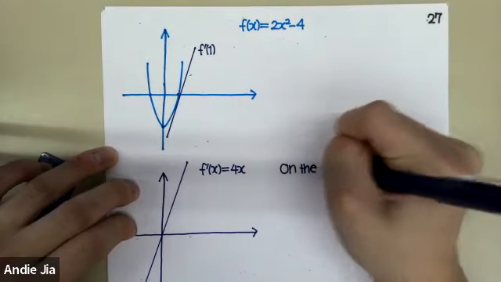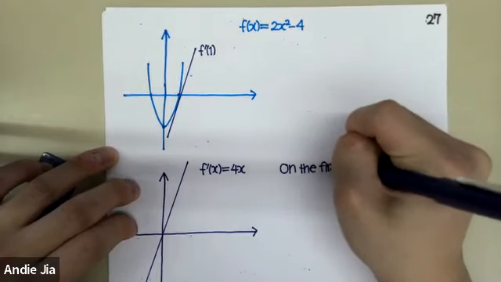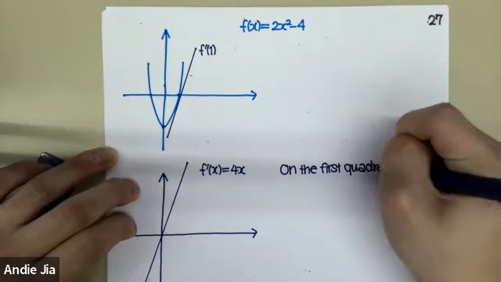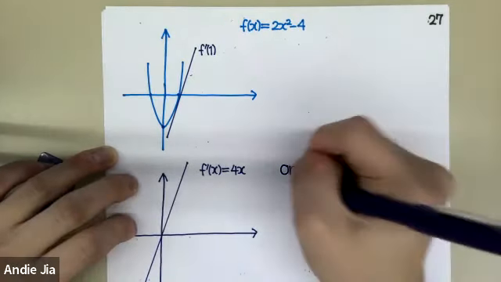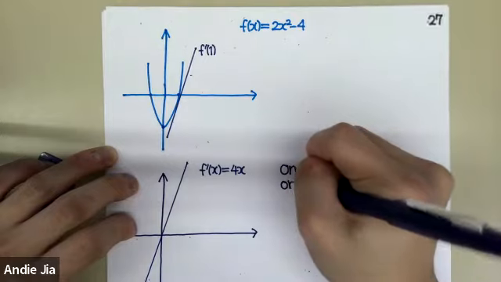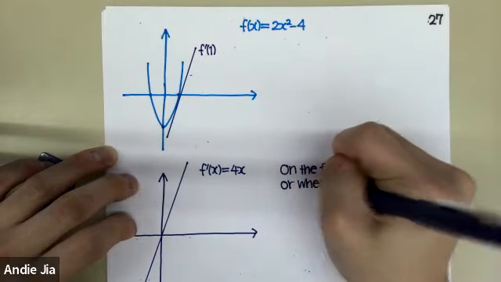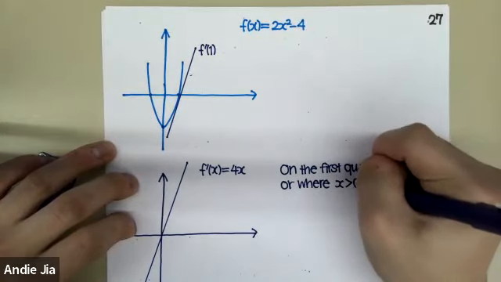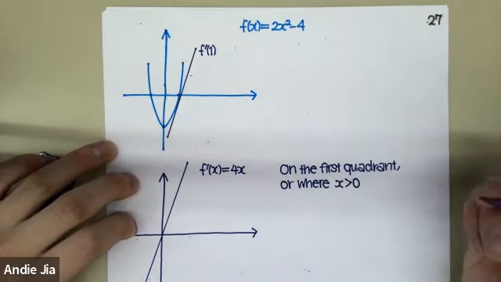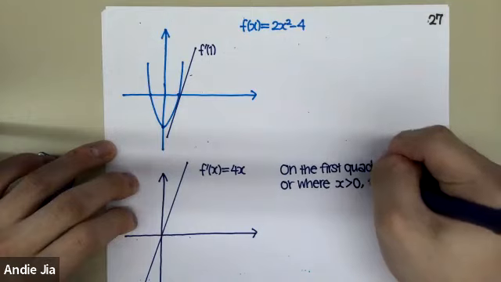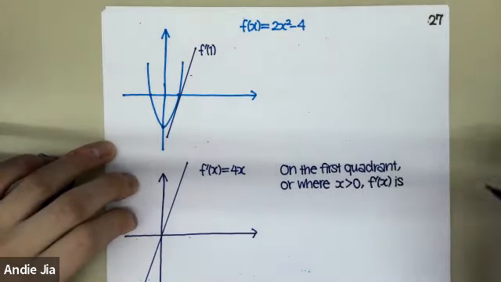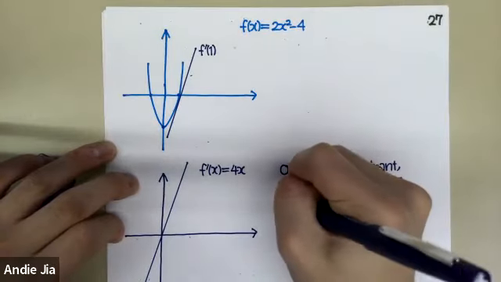So it's in the first quadrant, where x is positive, and f prime of x is above the x-axis.